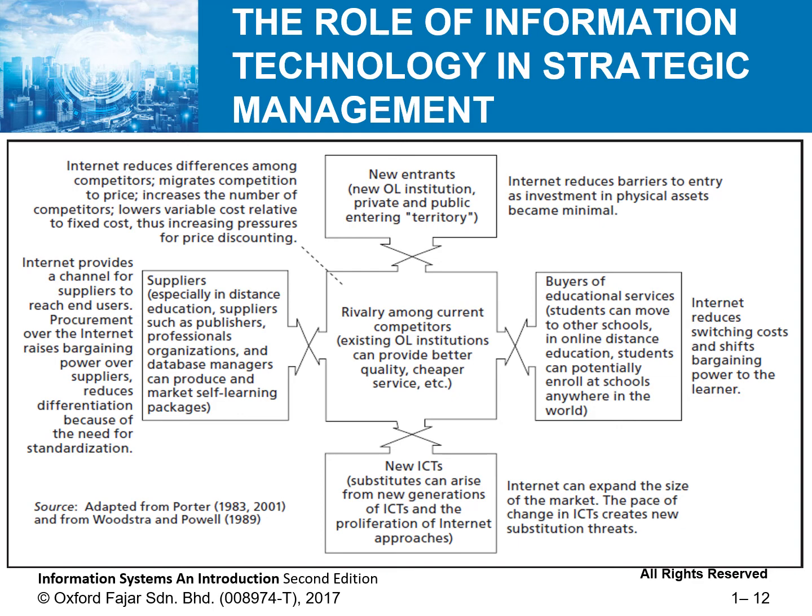Okay, and the new ICTs. This is the substitute that can arise from the new generation of ICTs and the proliferation of internet approaches. So in these forces, the internet can expand the size of the market. The pace of change in ICTs creates new substitution threats.